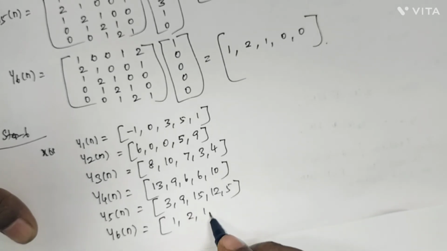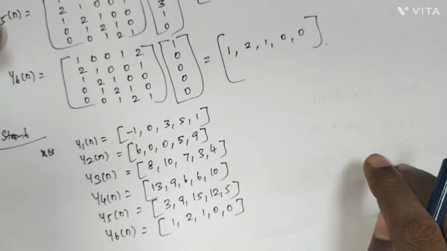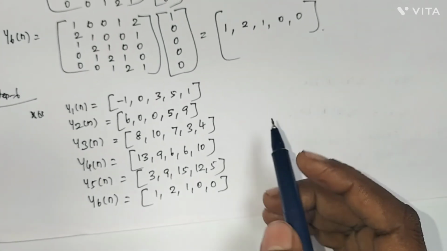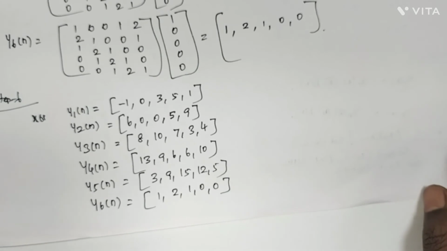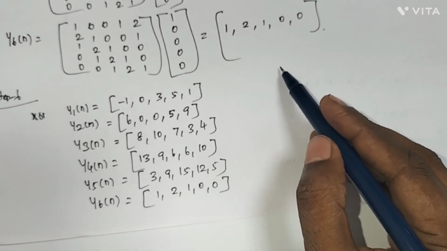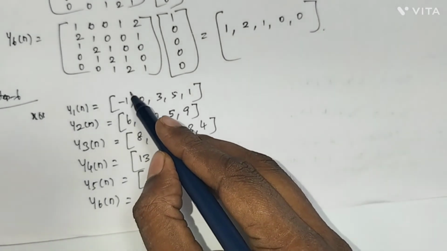See, while writing the output sequence, you have to discard the m minus 1 terms in each sub-block. The m minus 1 is two terms. So you have to discard the 2 terms in the output of each sub-block.